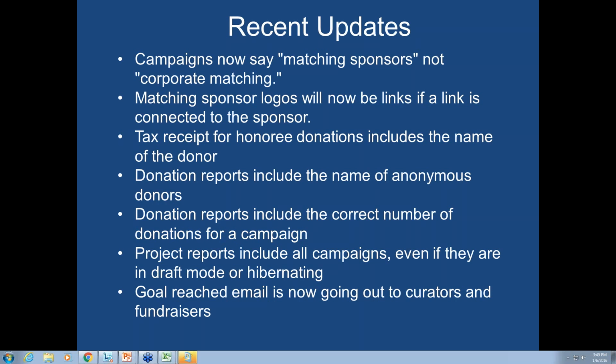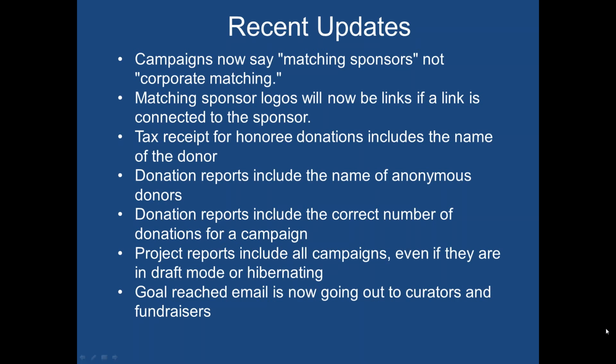There was some sort of glitch that made it total strangely, but now it should be the real number of donations that were made to a campaign, not including the matching amounts or the matching contributions. Project reports include all campaigns, even if they're in draft mode or hibernating. So if you download a project report, it should show you all campaigns that have ever been created for your site. And then the goal reached email is now going out to curators and to fundraisers.